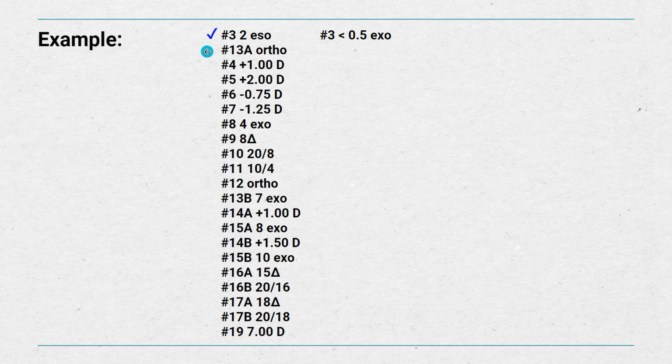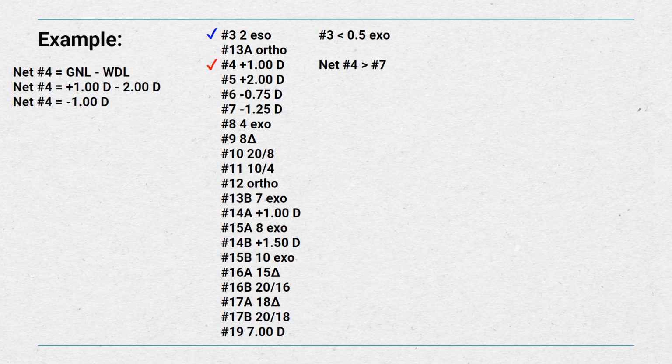The next analytical test we will check is number 4. But we still need to get the net, so we solve it. So net number 4 is equals to GNL minus WDL. So this plus 1, we minus 2. So net number 4 is minus 1. So this minus 1, we compare to the number 7 finding, which is negative 1.25.